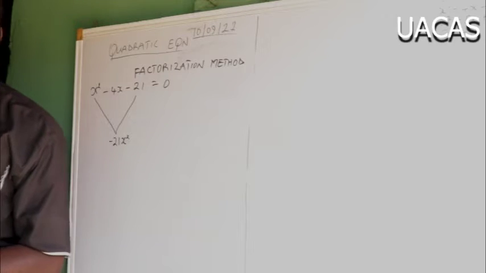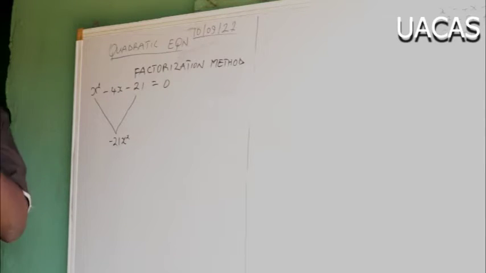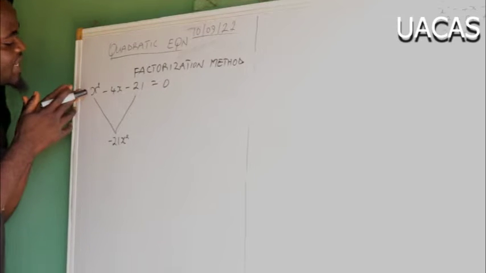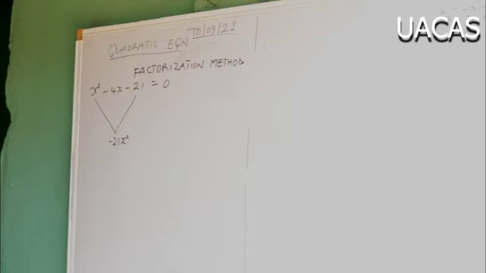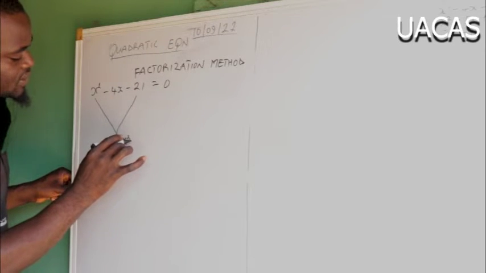You may have forgotten, but I'll remind you. I said, consider this middle term before you start multiplying. What will I add to give me minus 4x? And what will I multiply to give me the product of the first term and the last term? Simple.